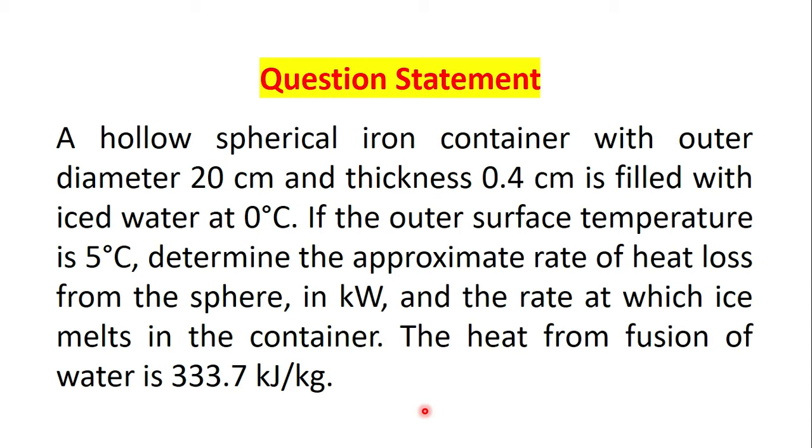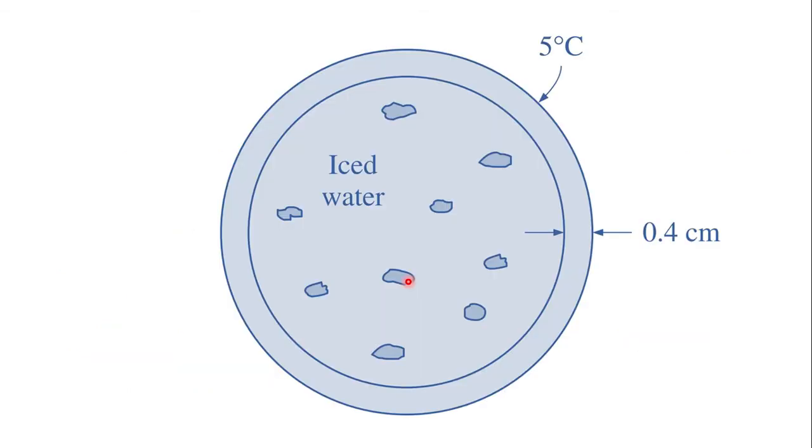The heat of fusion of water is given, that is 333.7 kilojoule per kg. Let us try to understand this given question statement by using a graphical explanation.